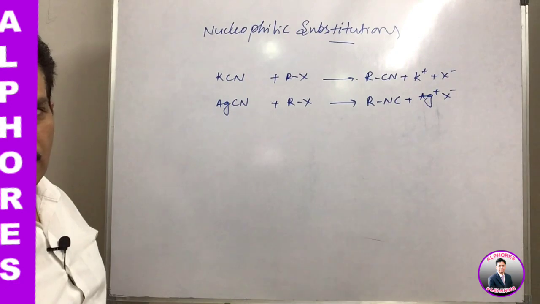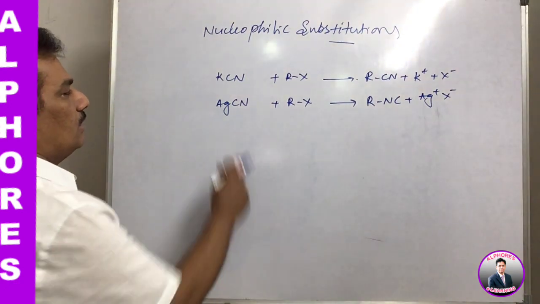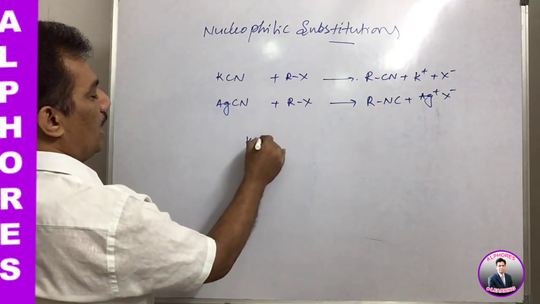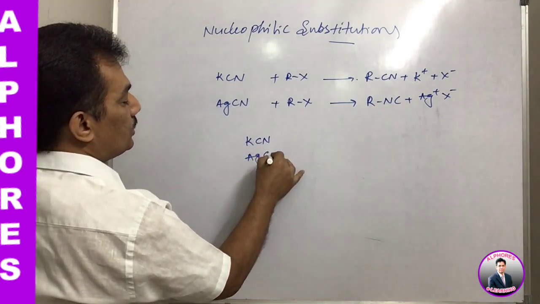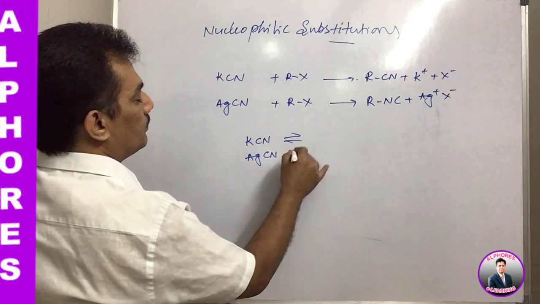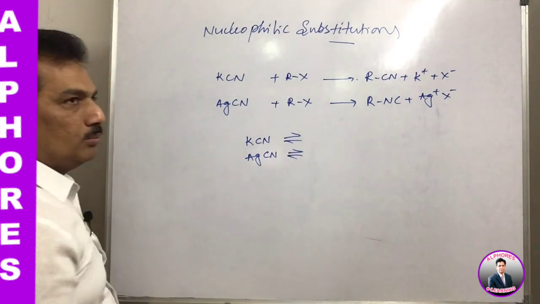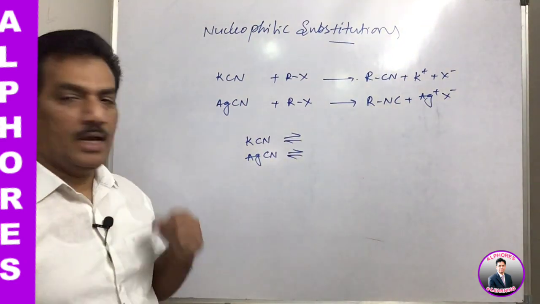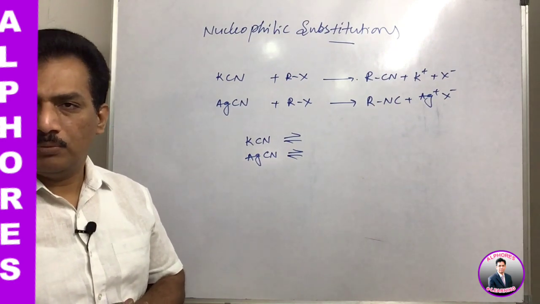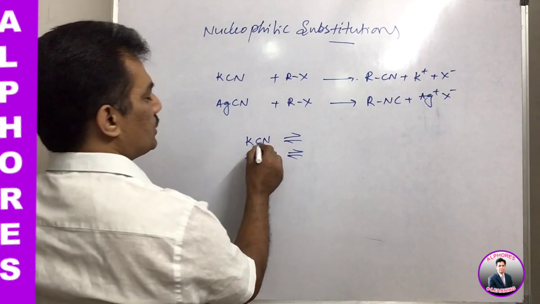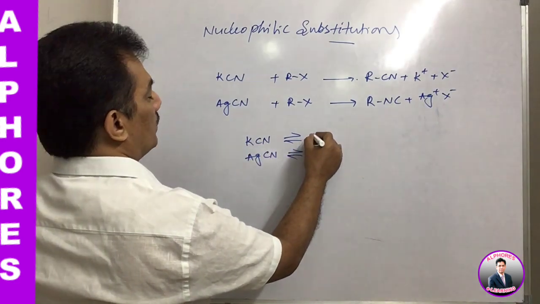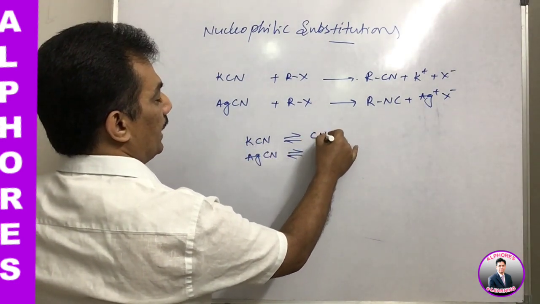but not cyanide. The reason is simple. Here KCN and AgCN are existing in tautomeric form like this. As we know, both carbon and nitrogen are ready to donate the lone pair of electrons. Both have the capacity, and their existence is this one and the other one is NK.